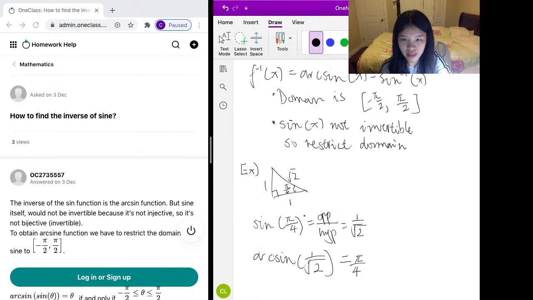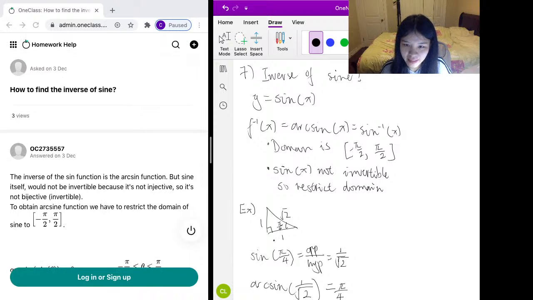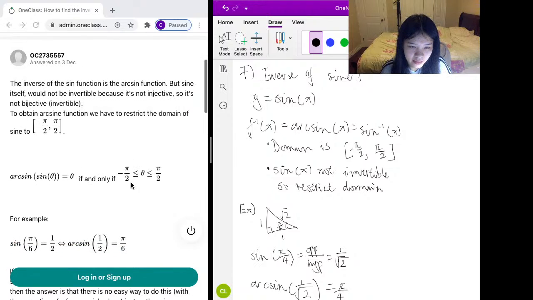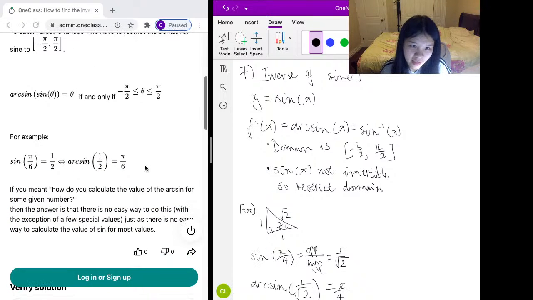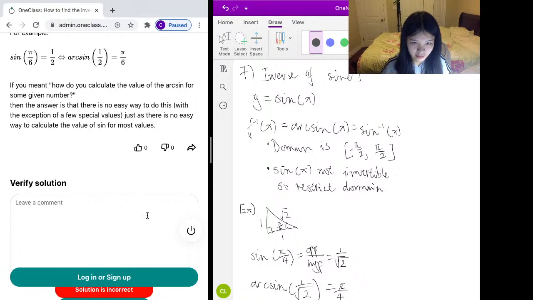First we looked at the inverse of the sine function, and then we saw an example of how to find it using an actual triangle with an actual value. Let's look at the sample solution here. It also explained the arcsine function as we have, and it had another example using a different triangle, but it basically illustrates the same idea.